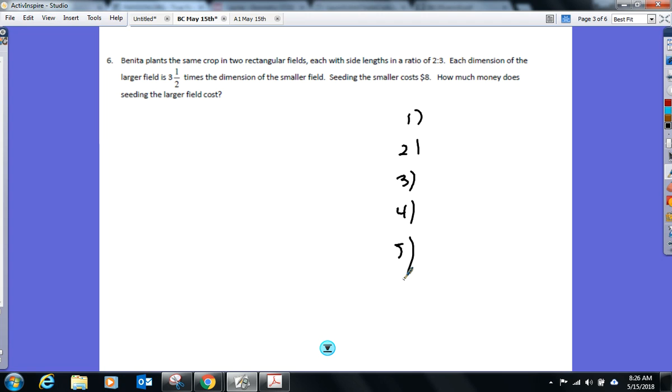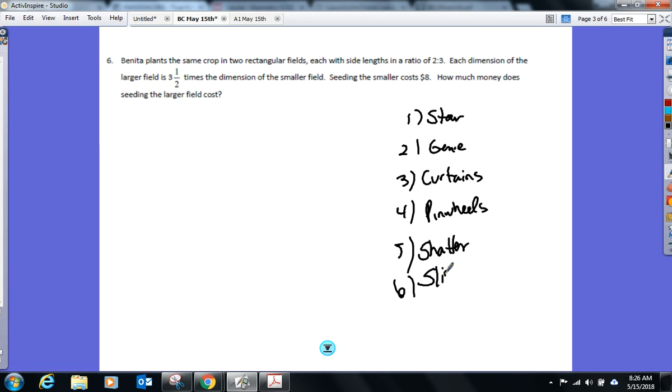I'll just start putting down the regulars. Star, genie, curtains, pinwheels, shatter, star, oh, that's already up there, slide, fade, oh, can't forget the old page curl.